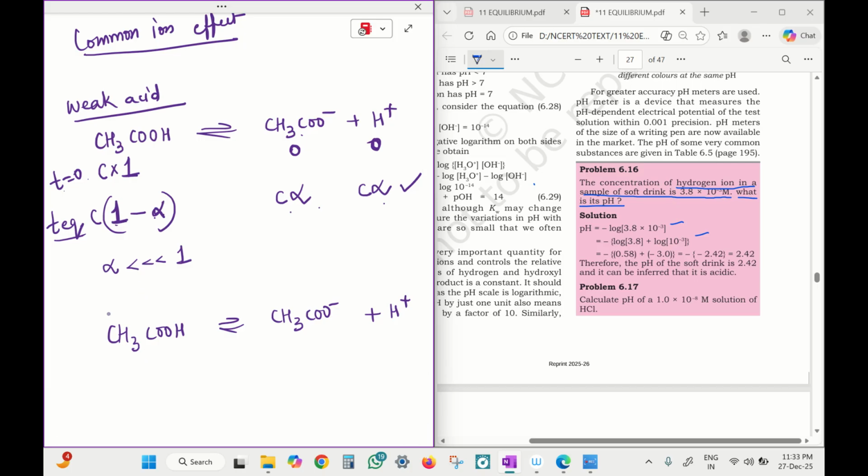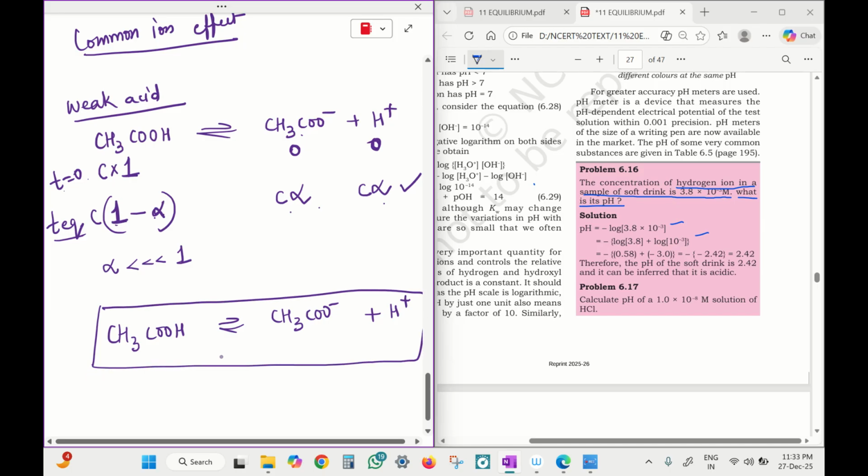Now, to this established equilibrium, I am going to add from outside some amount of a strong electrolyte like HCl. When I add HCl, it will produce Cl minus and H plus. So the equilibrium will sense that the concentration of H plus has gone up. According to Le Chatelier's principle, when the concentration of one of the products increases, the reaction goes in the backward direction.